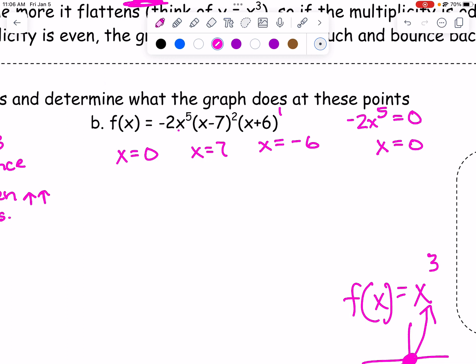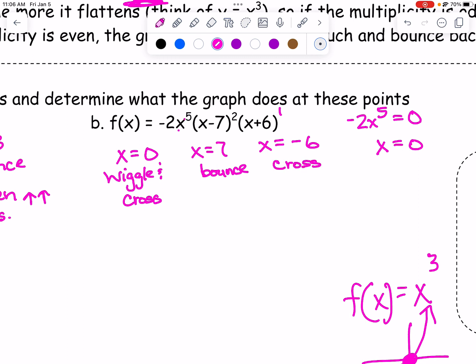So at 0, the degree is 5, so that means it is going to wiggle and cross. At 7, it's even, so that means it's going to bounce. And at negative 6, it is 1, it's going to cross.